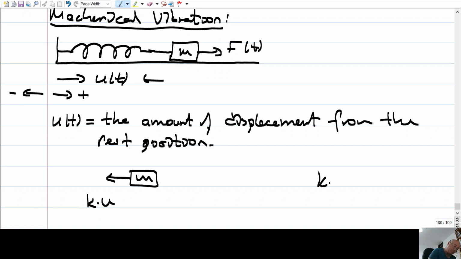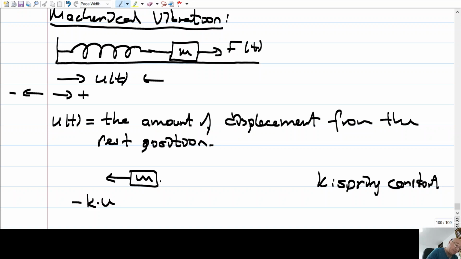So k is the spring constant. And it is, of course, in the negative direction. So for u, this is the positive direction. The force acted by the spring is in the other direction. So let me say this is minus ku.